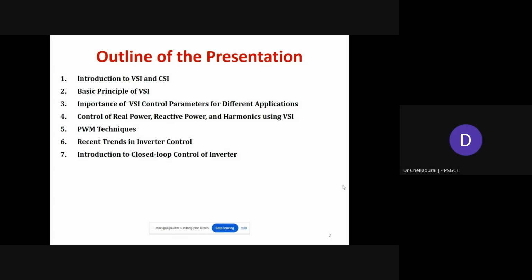Next, the basic principle of VSI, then the importance of VSI control parameters for different applications, and then control of real power, reactive power, and harmonics using the same VSI topology. To control the VSI topology, we'll discuss different PWM techniques. Then recent trends in inverter control techniques, and then an introduction to closed loop control of inverter.